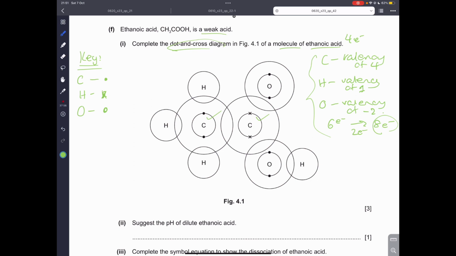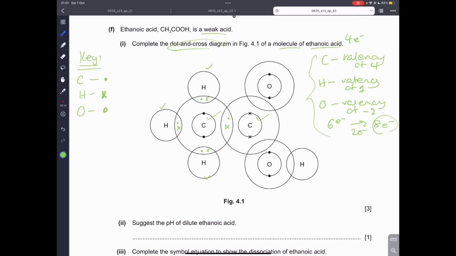So here we see that carbon has 4 electrons, so it's going to bond with 4 outer electrons. And hydrogen has 1, so it's going to bond with carbon. So all of the hydrogens are now stable. Now, the carbon atom here still needs to be stable, so we are going to put this.